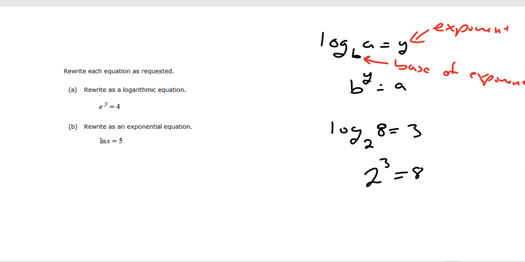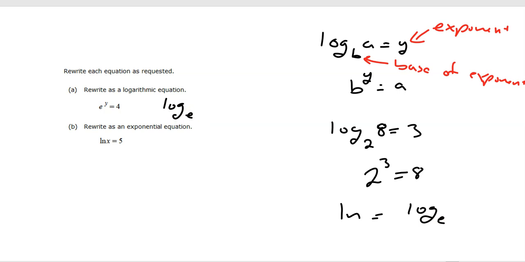Now, e in natural log is special, because natural log is nothing but log base e. So when I see e to the y equals 4 and I want to write that as a logarithm, that's going to be log base e, because the little number down there is the base of the exponent.